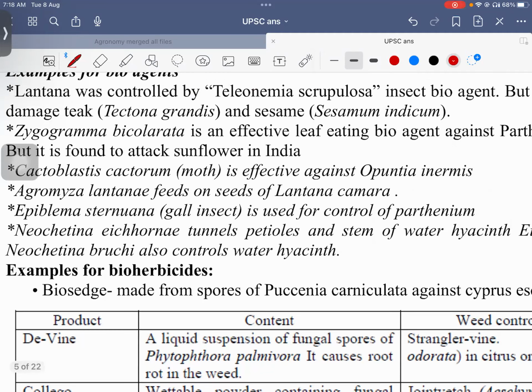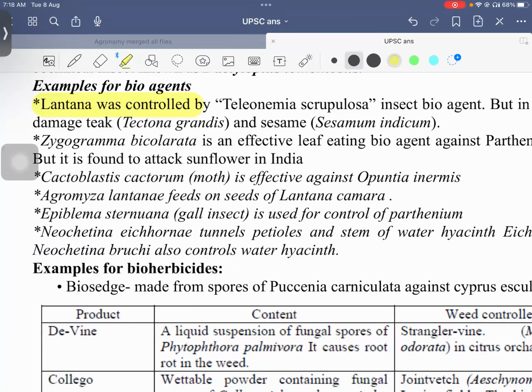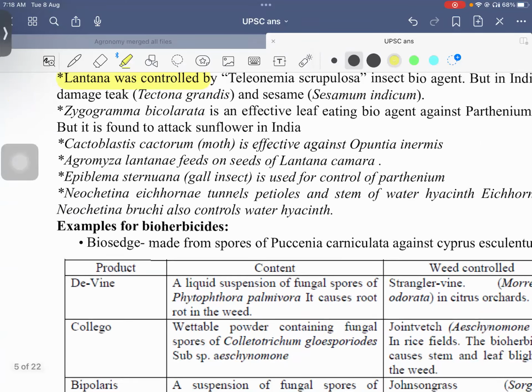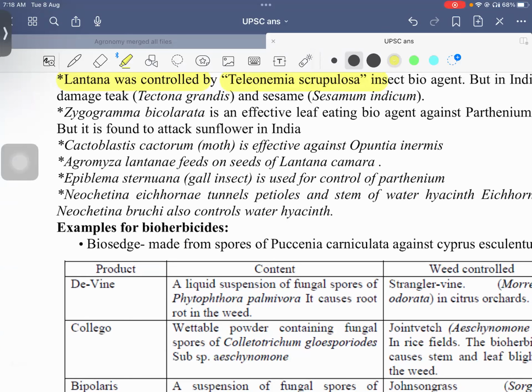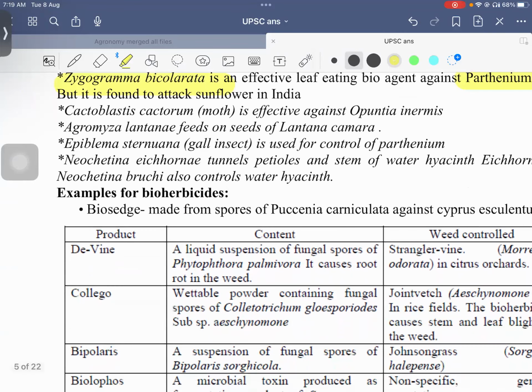You should remember the Lantana camara example. That's a weed, and in India we used Teleonemia scrupulosa, a pest that was used to control lantana. And this you all know, Zygogramma bicolorata, for controlling Parthenium hysterophorus.